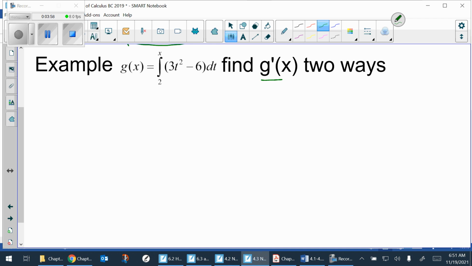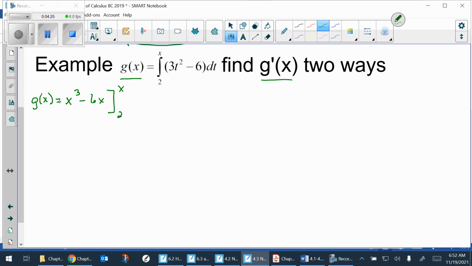Remember, we're looking for g prime of x, and g of x is equal to this integral here. So we're going to evaluate the integral. We are going to find the antiderivative, which we found in the previous example was x cubed minus 6x. We'll evaluate this between 2 and x, and we're realizing that this is g of x.